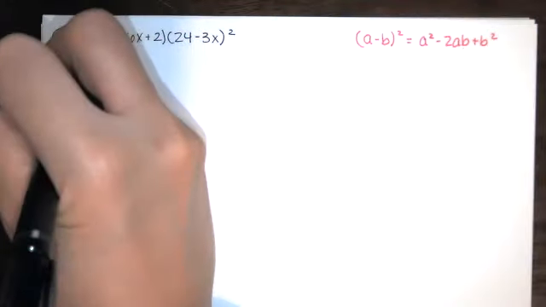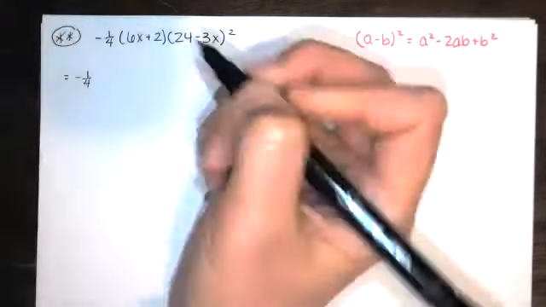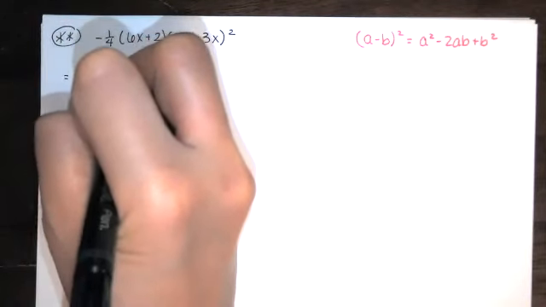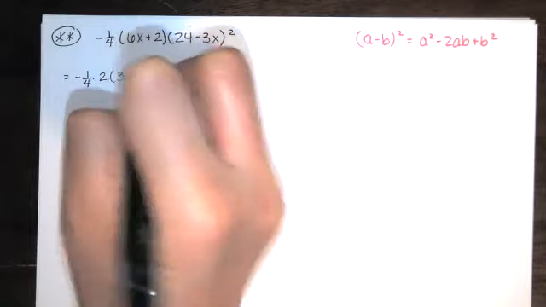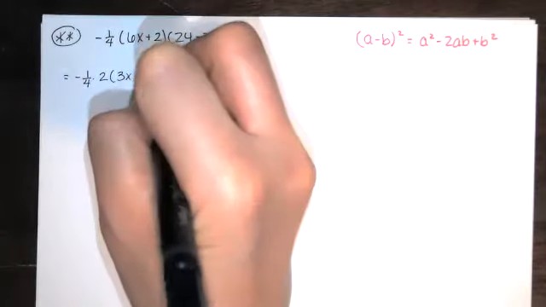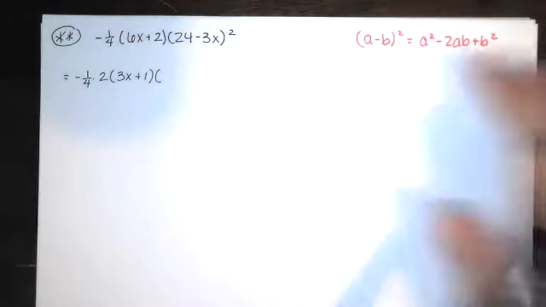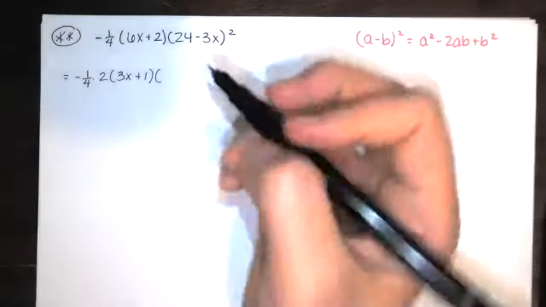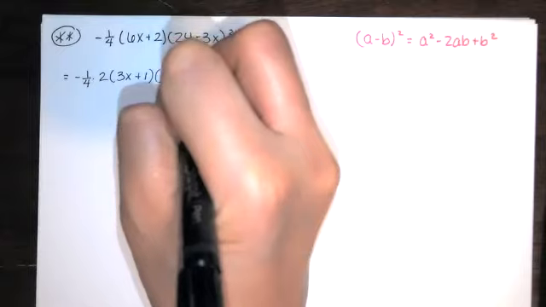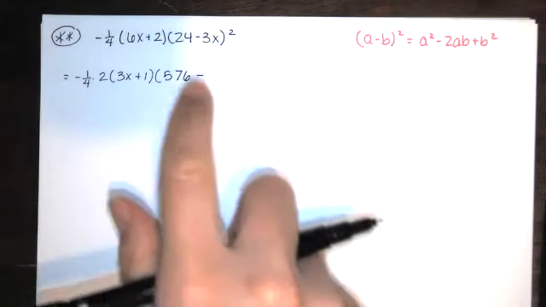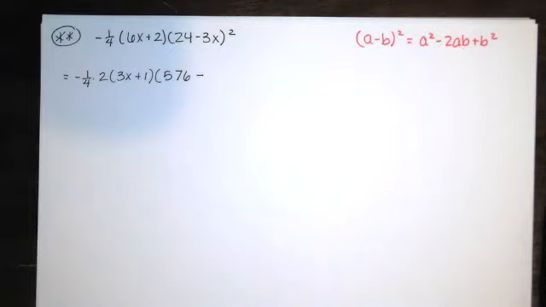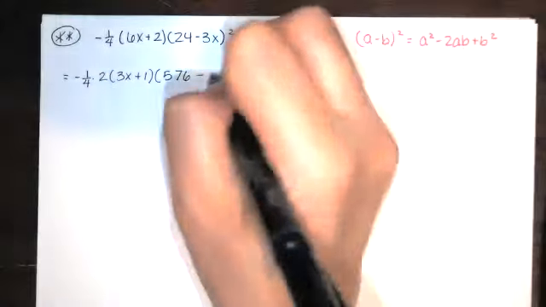So we'll have a negative 1/4 times this, and I think I'll factor out a 2 from that as well. That's 2 times the quantity 3x plus 1. And then this 24 minus 3x squared is 24 squared, which is 576, minus 2 times 24 times 3, that's 144x.